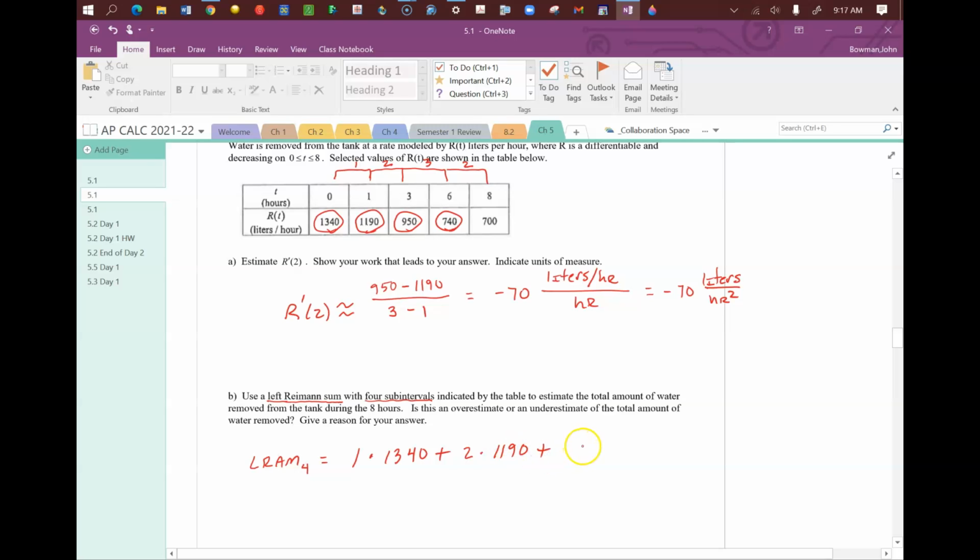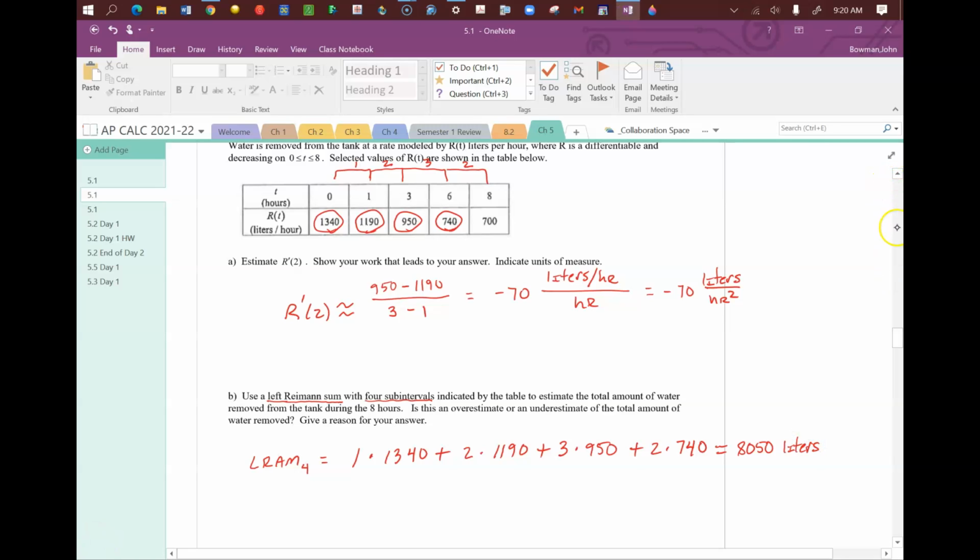Third rectangle is 3 units wide with a height of 950, and the last rectangle would be 2 units wide with a height of 740. And this gives you a total of 8,050, and that would be liters per hour times hours, or liters.